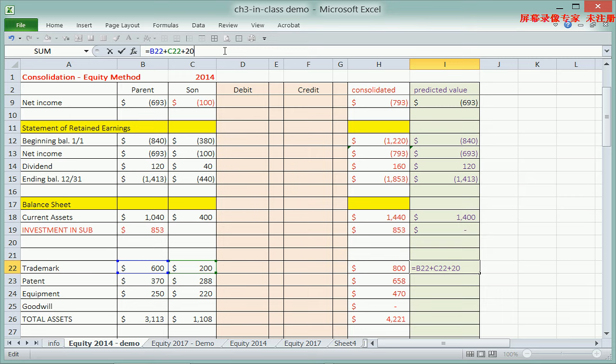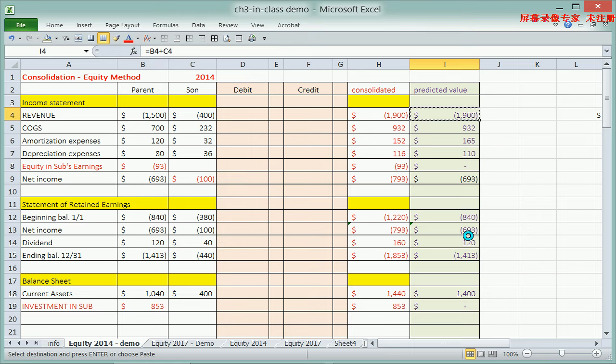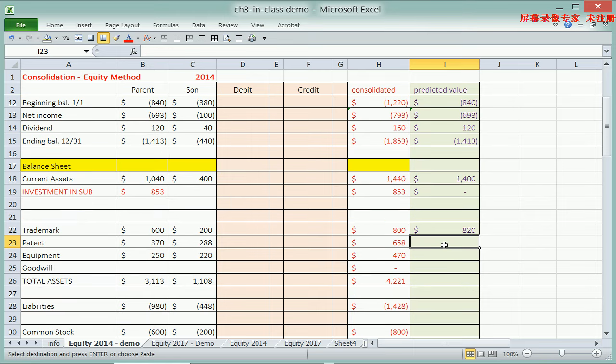Okay, the trademark doesn't amortize at all, so the fair value excess will not be amortized during any year after acquisition. The same will be done to the parent.